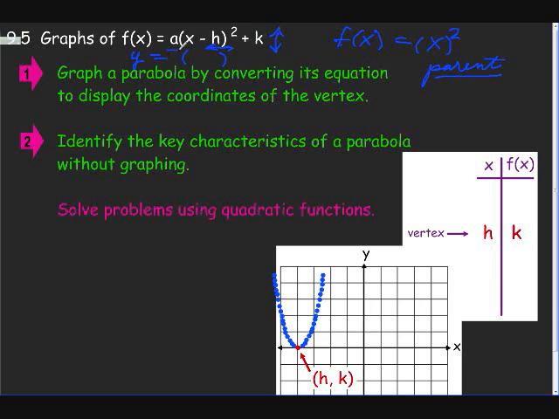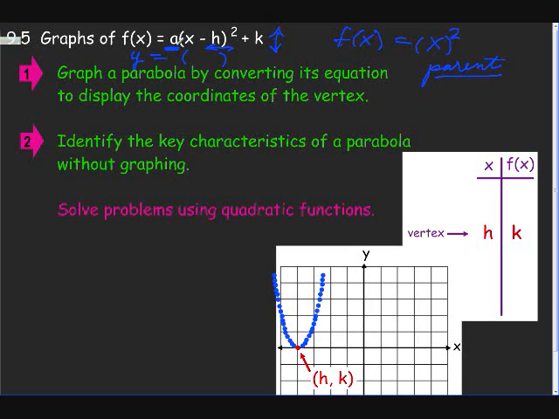The only thing that we haven't talked about, this was actually in section 3, which I skipped over, is the multiplier on this. This will change the shape of the graph. If a is 1, as it is over here, you get the parent graph.